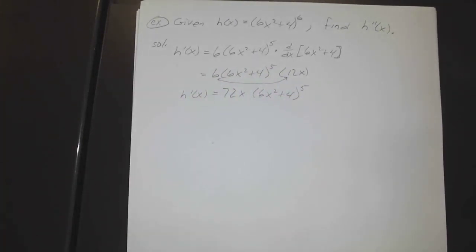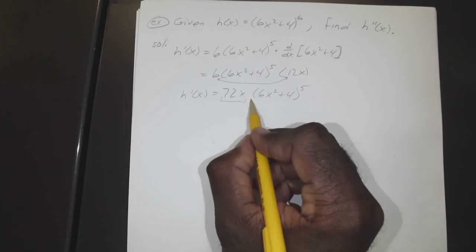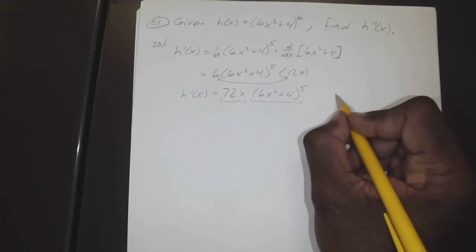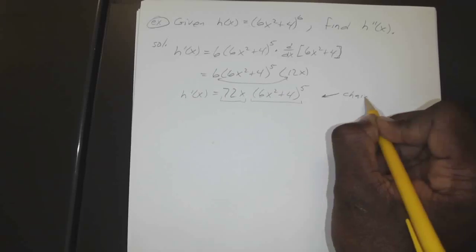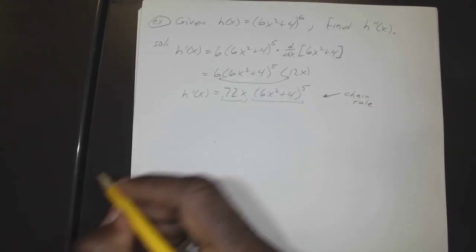All right, so now we find our second derivative, which here gives us a chain rule, product rule.